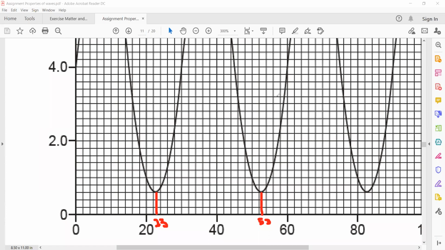So it's about 30 as you subtract the two numbers from each other. Is it clear how it is 30? The distance between two successive crests or two successive troughs is the wavelength, or length of a wave.